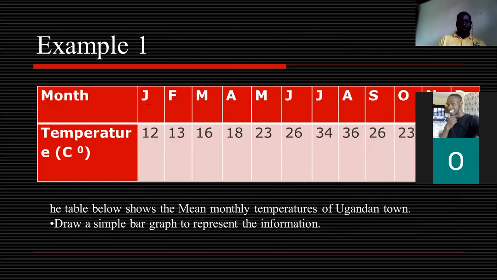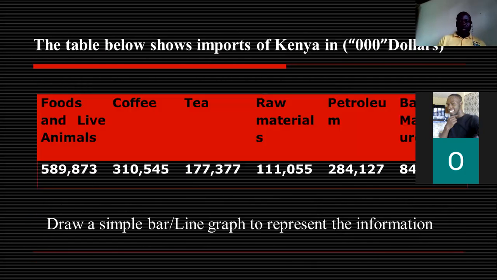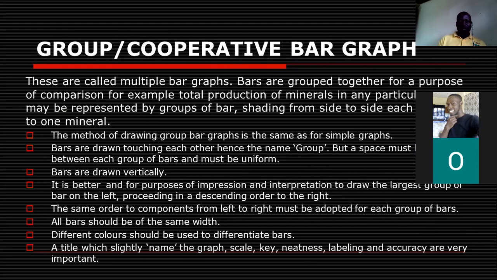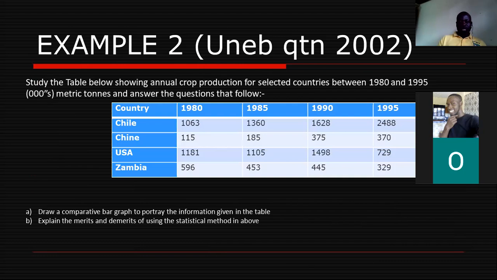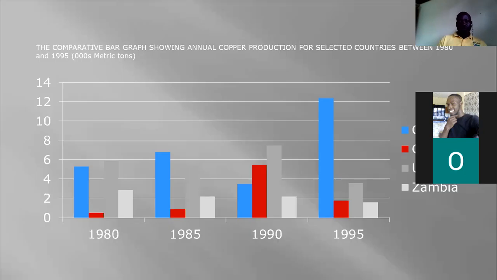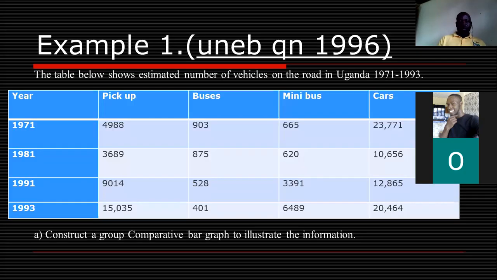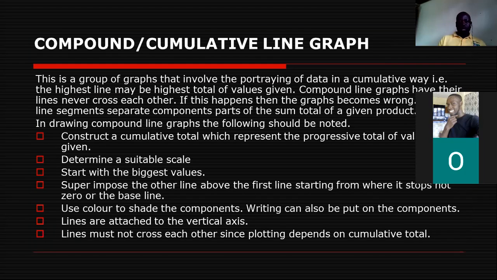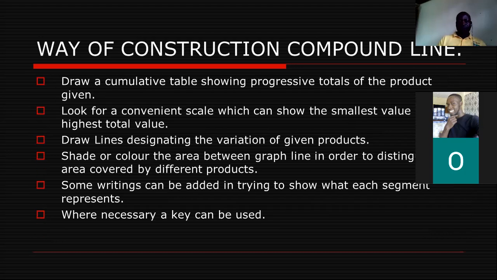We looked at the simple bar graph and their importance. We looked at the comparative bar graph and line graph, and the way they are constructed. We gave some questions. We also looked at some examples. We went ahead to look at compound or cumulative graphs.